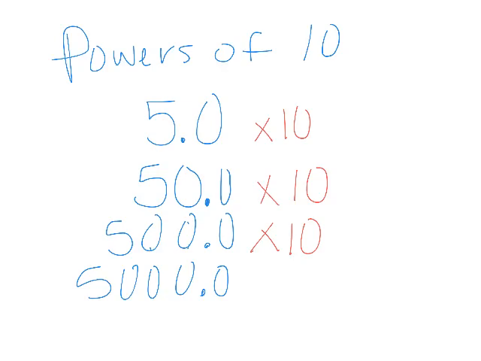Let's try another one. Let's say now we have the number 4.62. If I multiply that by 10, think about it. Visualize that I'm covering up the 6 and the 2 with my hand.